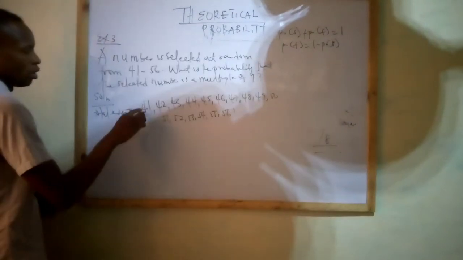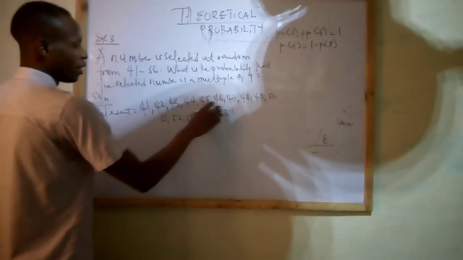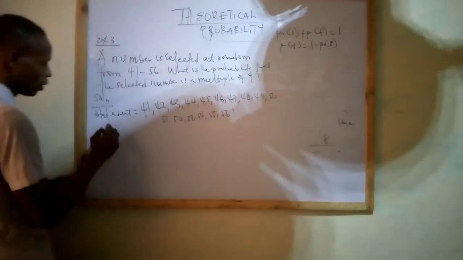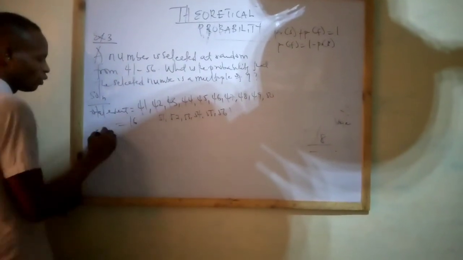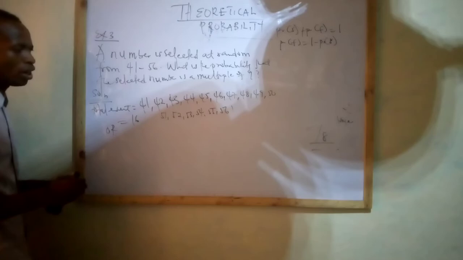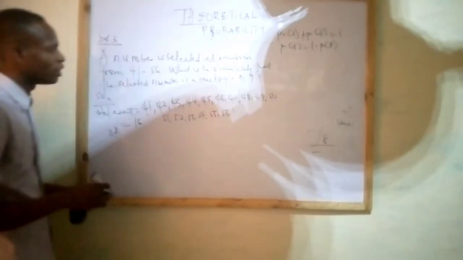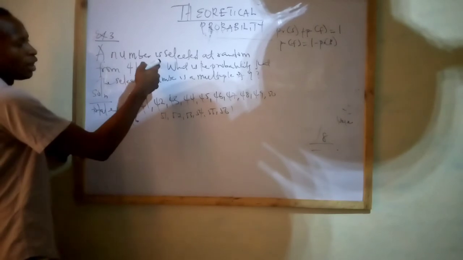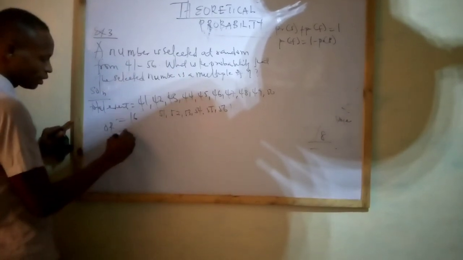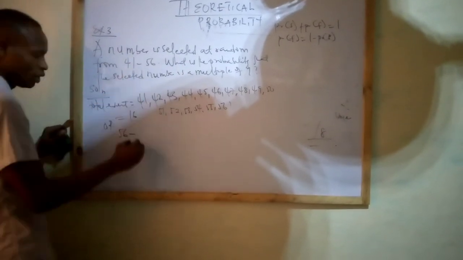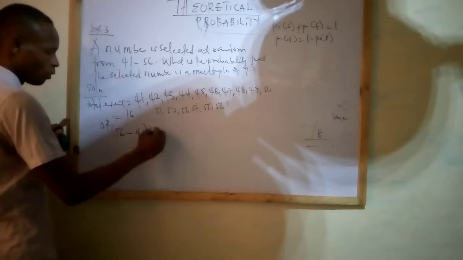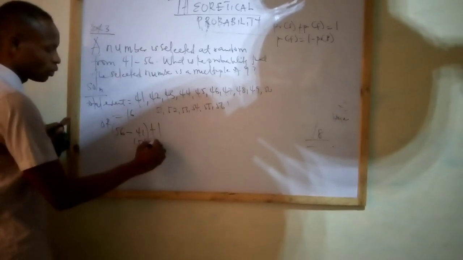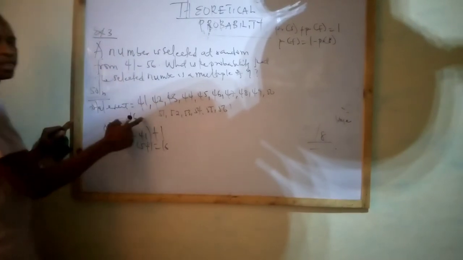Now 1, 2, 3, 4, 5, 6, 7, 8, 9, 10, 11, 12, 13, 14, 15, 16. So our total event here is 16. But instead of doing this, why can't we just use a simple way of solving it? This is what you do for us to get this 16. Just simply take the last value here, which is 56, minus the first one here, which is 41, then plus 1. So this minus this gives you 15 plus 1. That's what? 16. So you have the same value as this.